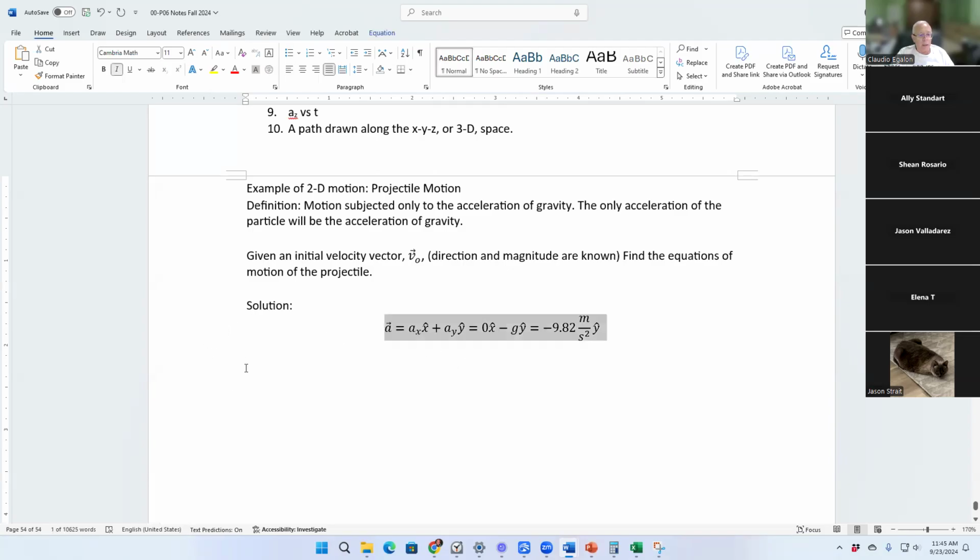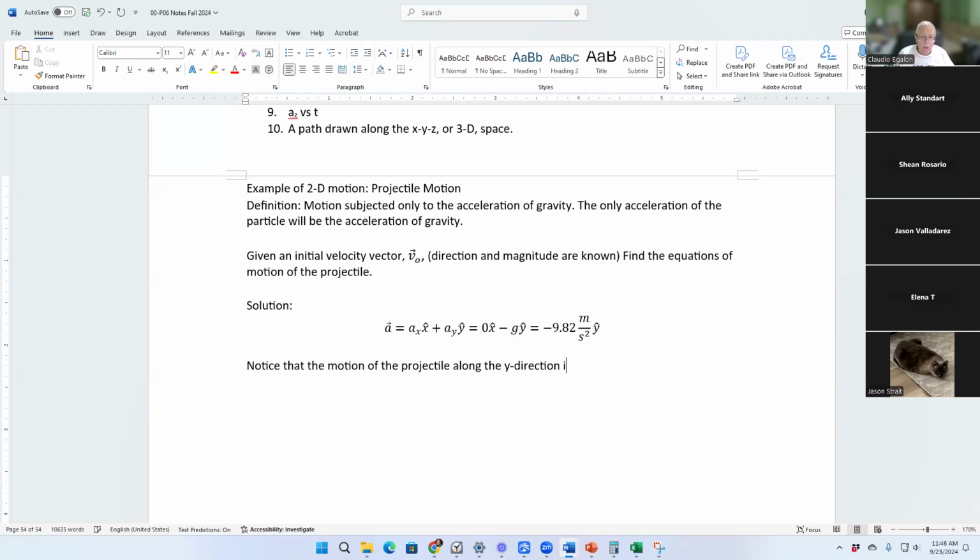Note that the motion of the projectile along the y direction is that of uniform acceleration.